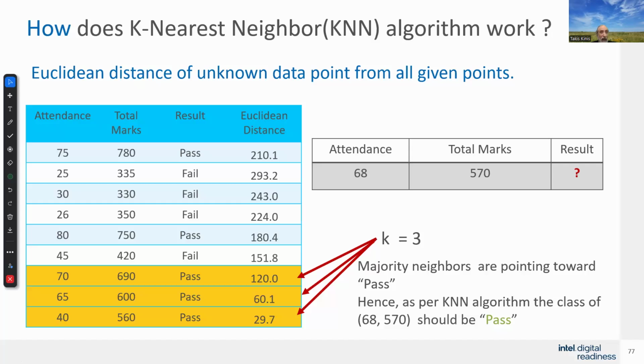All of them are pass, so we should pass with that. Okay. And there's all the majority neighbors, in this case, all of them. There wasn't one that was fail. All of them passed. And I don't know if those were the best data points to use, but the one that I thought was closest was this one because of the 570, and their attendance was bad. If they passed, ours had to pass, right?